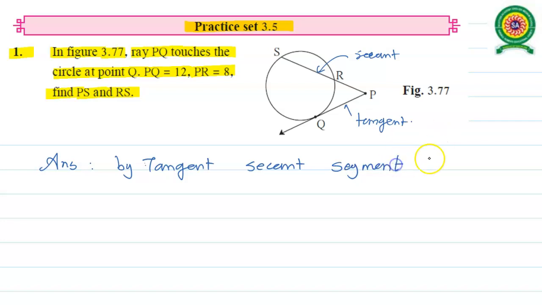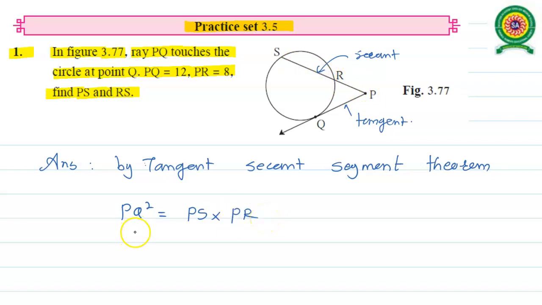As per the tangent secant segment theorem, the square of the segment made on the tangent is equal to the product of the overall segment PS into the exterior segment on the secant to the circle, that means PR.